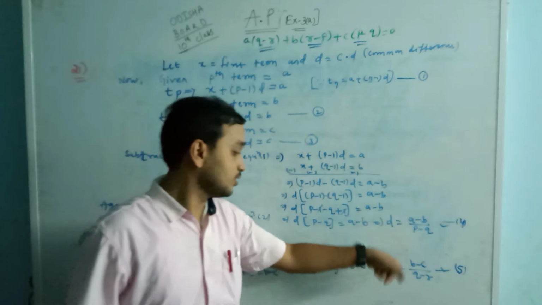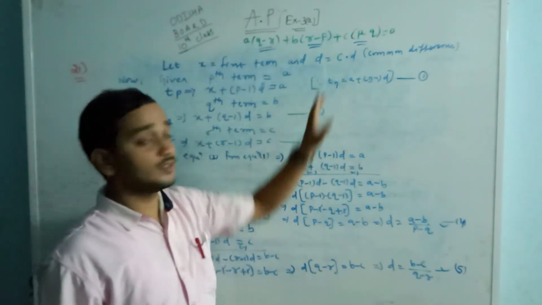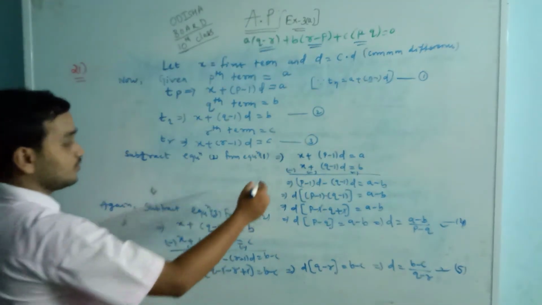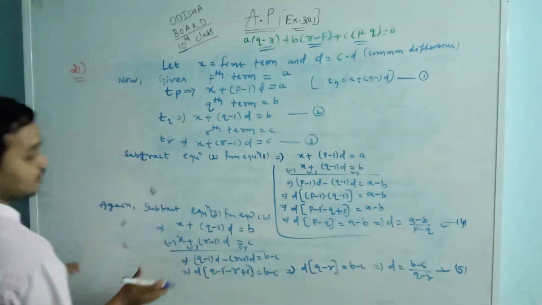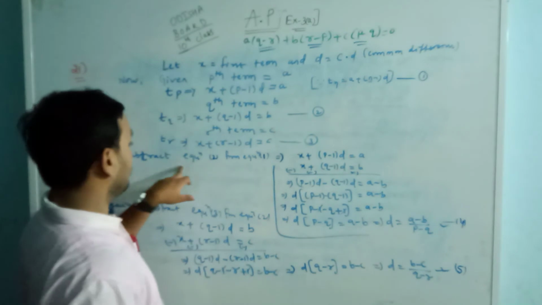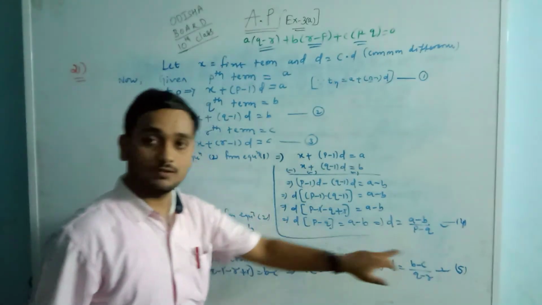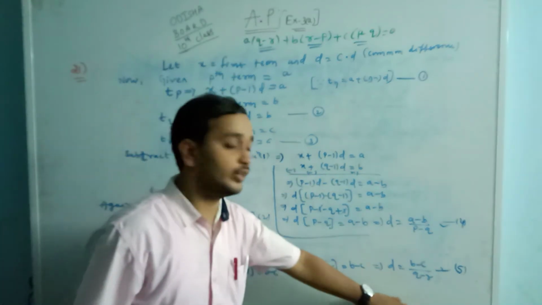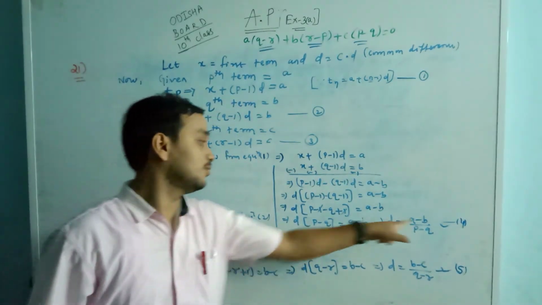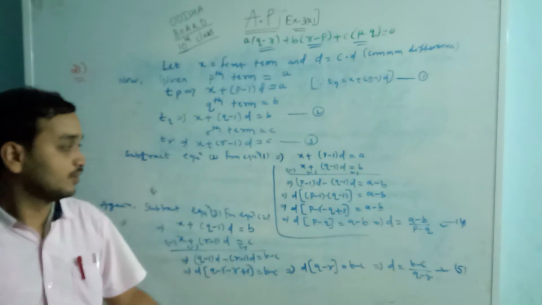Because we have to equate these two, then find this. This is another part. From equation 2, 1, this is the D value, and this is equation 3, 2, this is the D value. Okay.